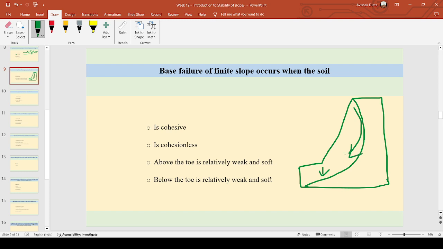If this was strong, then only up till here would have slid down. But since this part is weak, it is taking the entire thing with it and sliding down. This is a weak zone. The soil below the toe is relatively weak and soft. That is why base failure occurs. Okay. I hope it was clear.